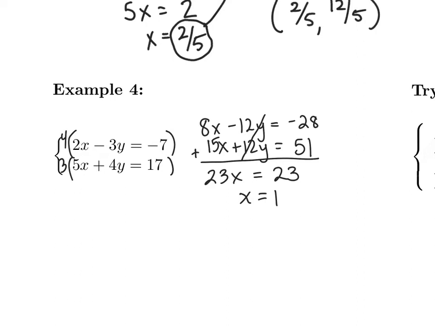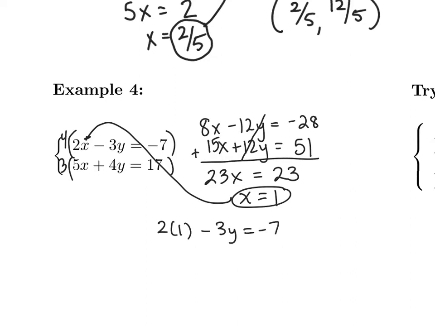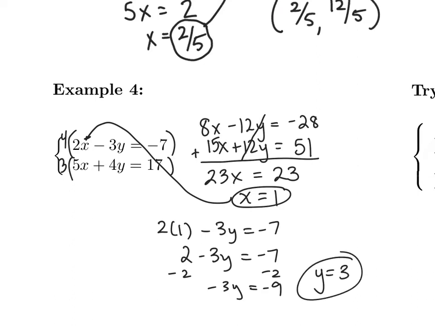So I'm going to take 1 and plug it into the top one. 2 times 1 minus 3y equals negative 7. 2 minus 3y equals negative 7. Minus 2, negative 3y equals negative 9. That means that y is positive 3. So your solution is 1, 3.